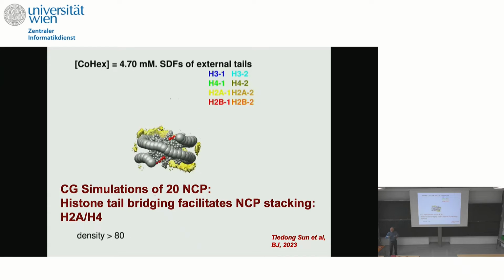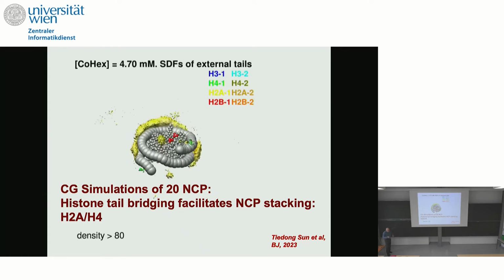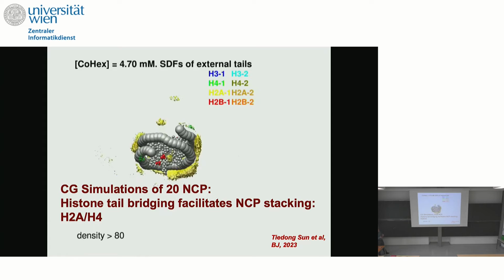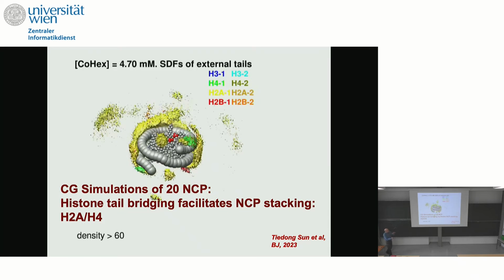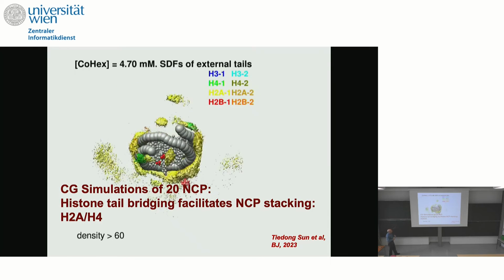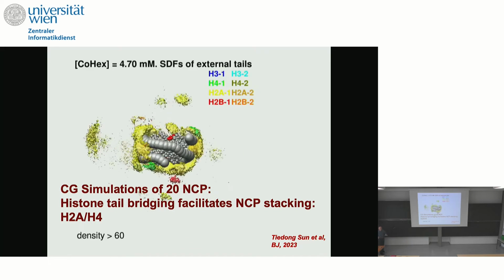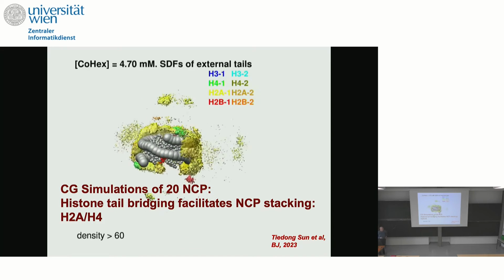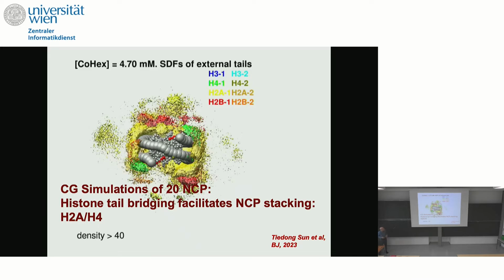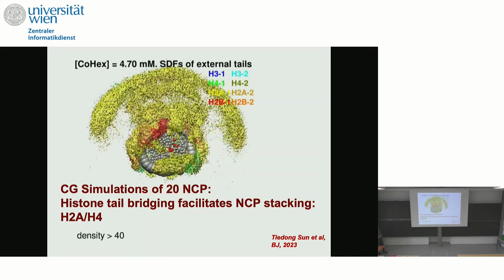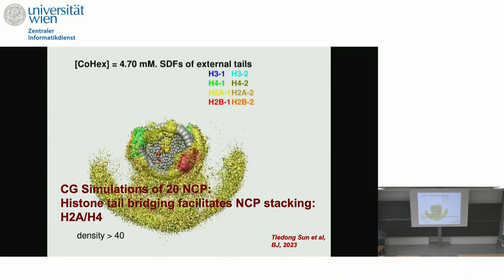In other words, it shows the interaction of the neighboring tails with the central nucleosome, and it shows that H2A exhibits the major part of this bridging interaction that facilitates the stacking of the nucleosomes, together with H4. Largely this is related to how they exit the DNA relative to the DNA gyres on the nucleosome, but H2A is instrumental in this.